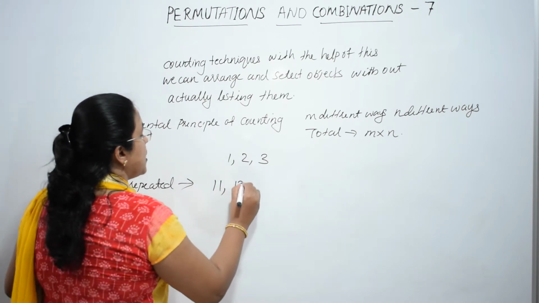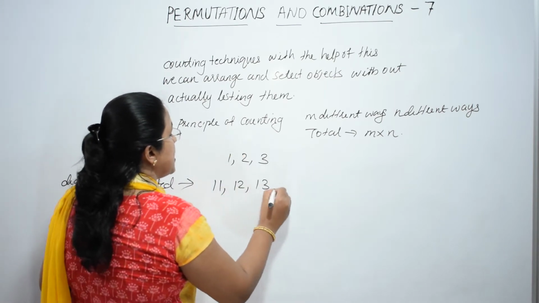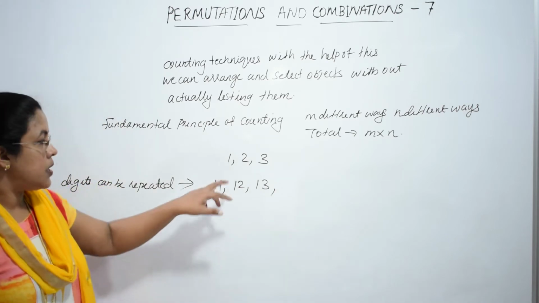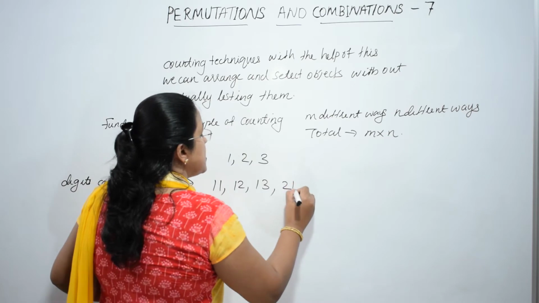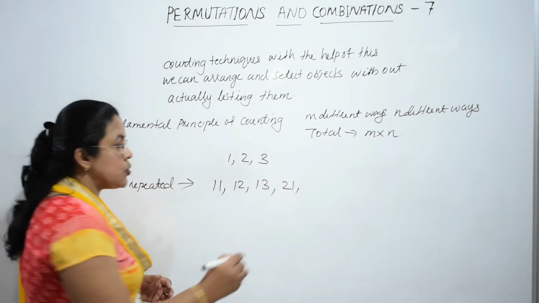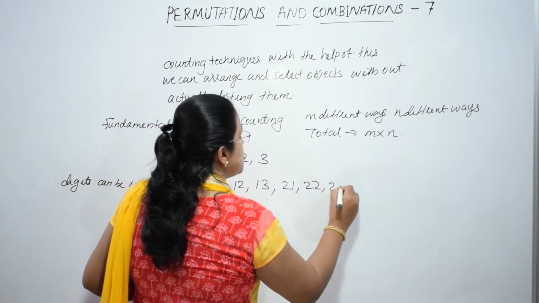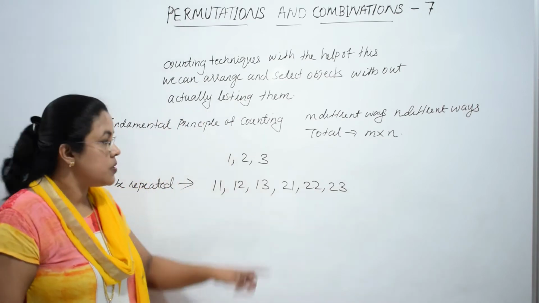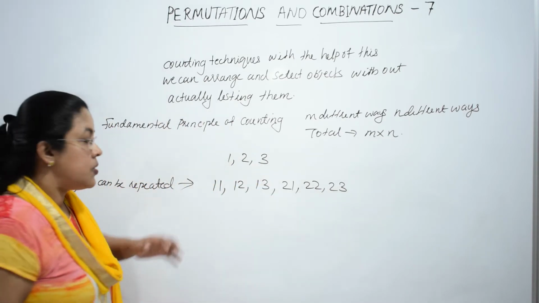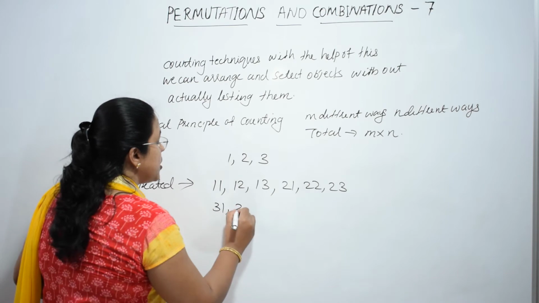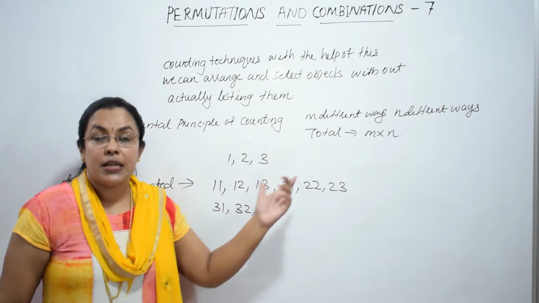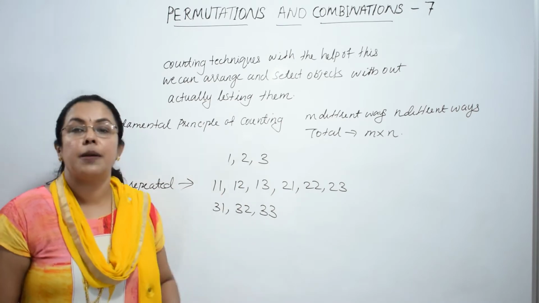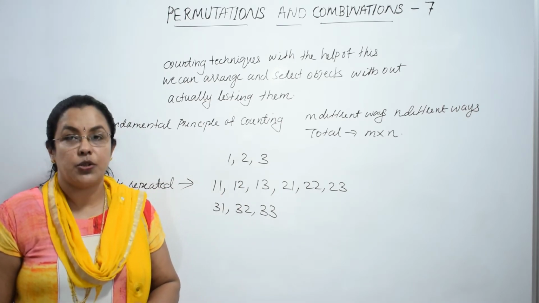Second one is 1, 2. Third is 1, 3. Now starting with 2: 2, 1; since digits can be repeated, 2, 2 and 2, 3. Now starting with 3: 3, 1; 3, 2 and 3, 3. Altogether 9 different numbers can be formed using the digits 1, 2, 3.